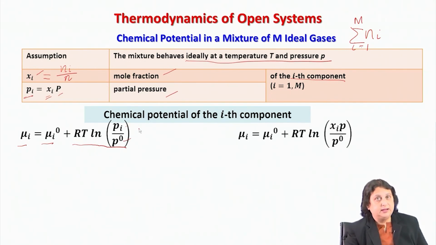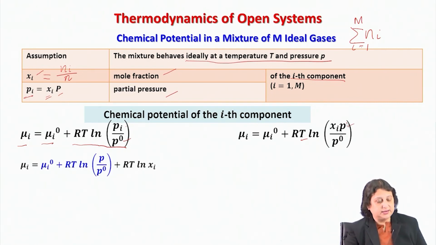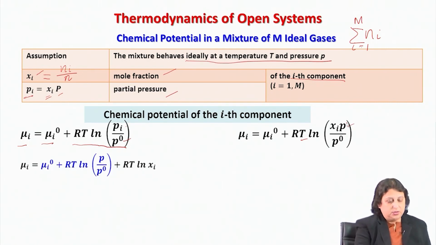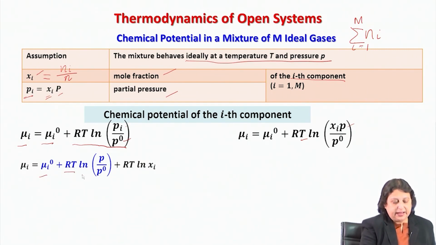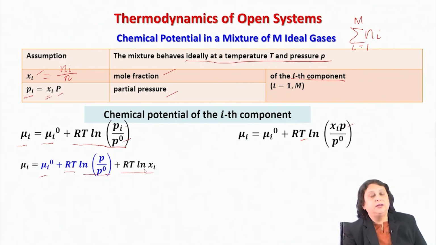In this case, I'm going to use the definition that the partial pressure is equal to xi into P, because my system is maintained at a temperature T and a total pressure P. If that is so, I can rewrite mu i as mu i naught as before plus RT ln P by P naught, but now I have taken out the dependence on the mole fraction of the ith component from the logarithmic term.